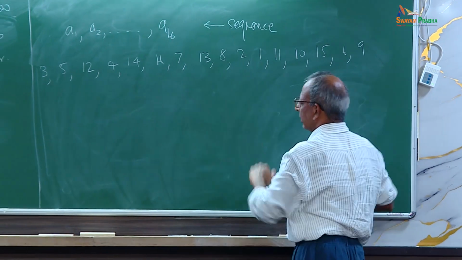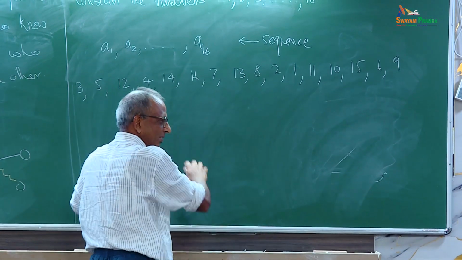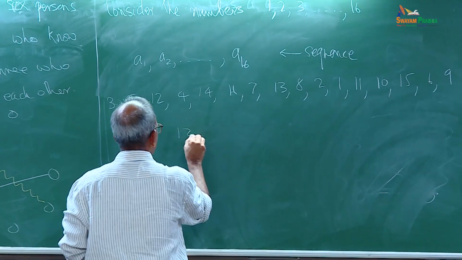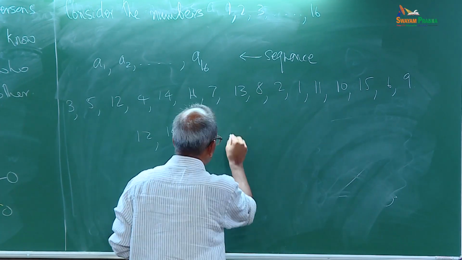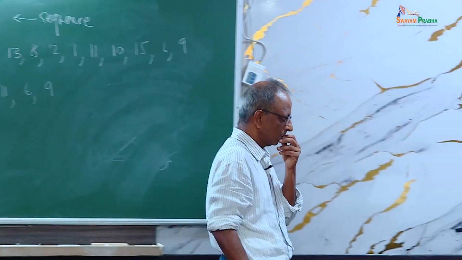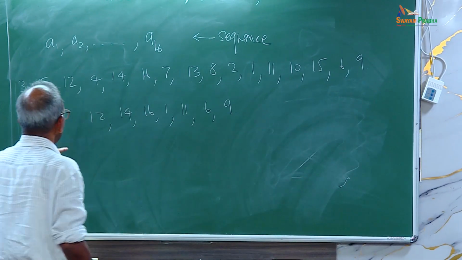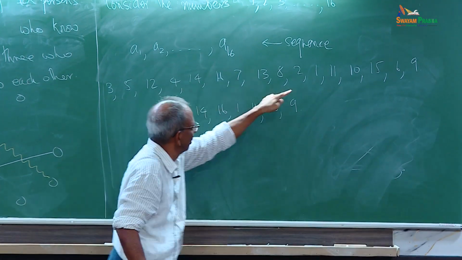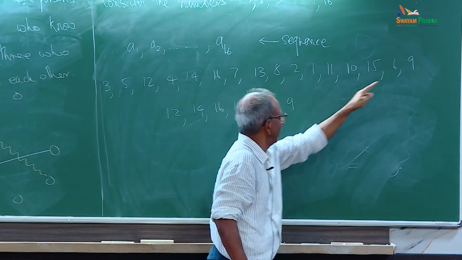I'm going to tell you what a subsequence is. A subsequence is just these numbers, but you know, 12, 14, 16, 1, 11, 6, and 9.